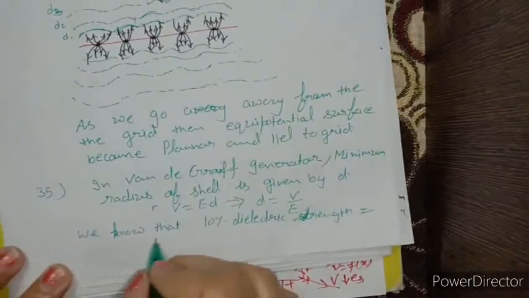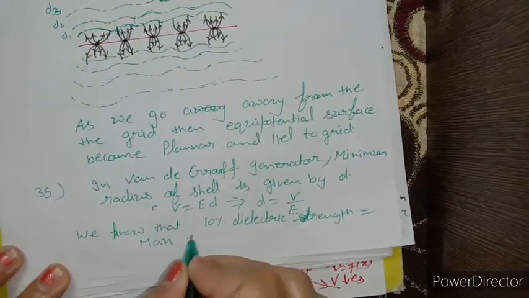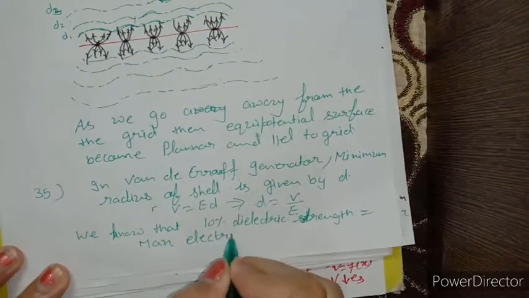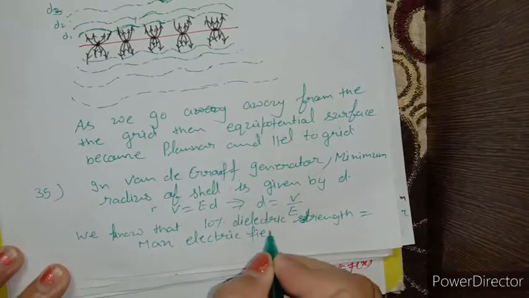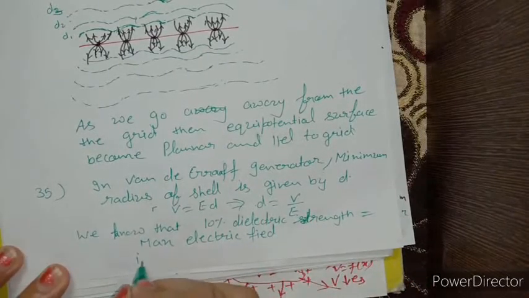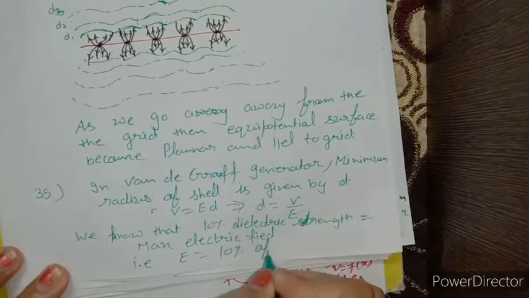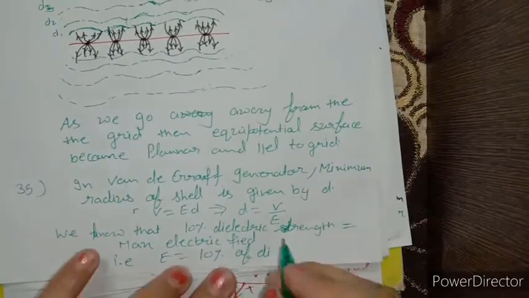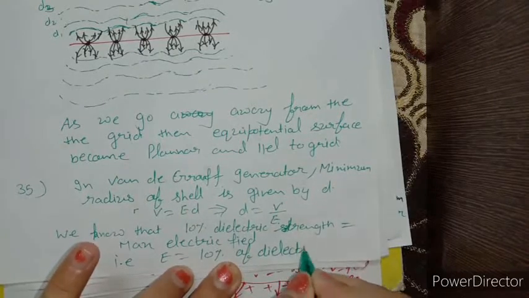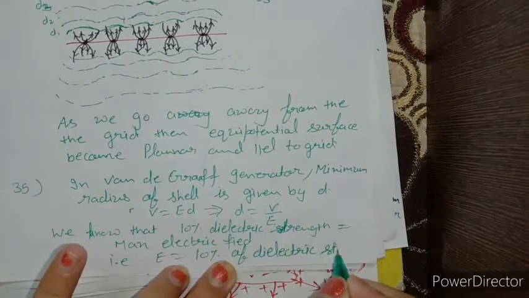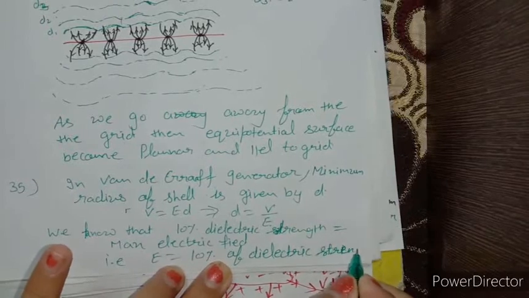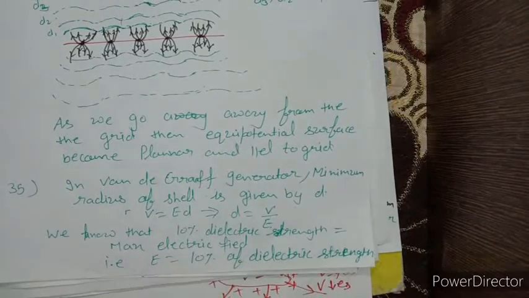The dielectric strength is given in the question as 5 into 10 raised to power 7.